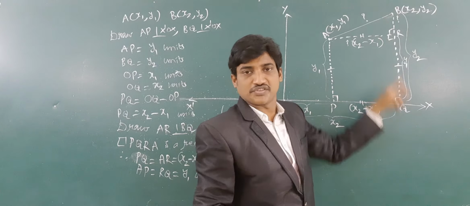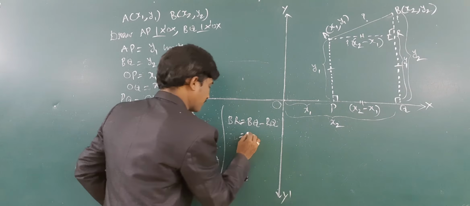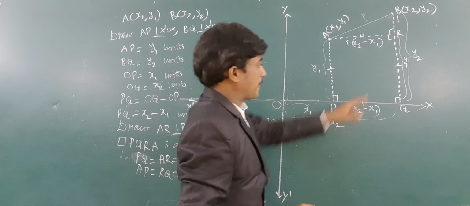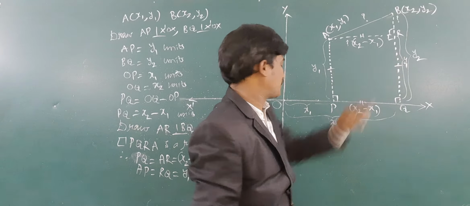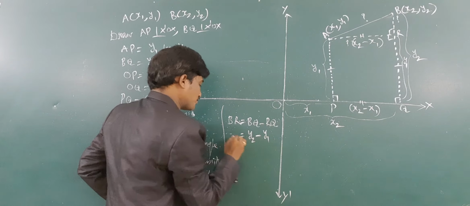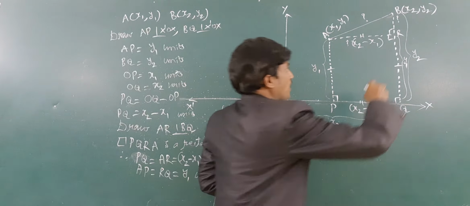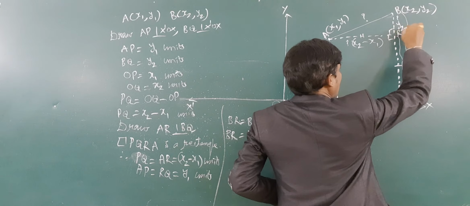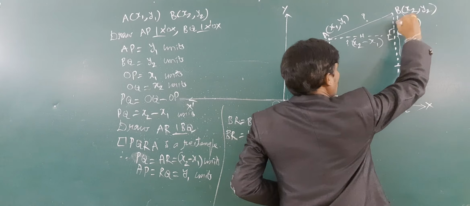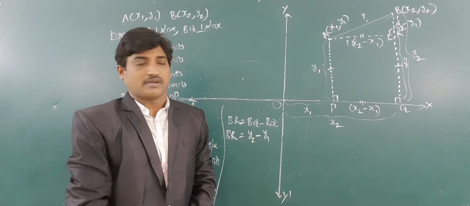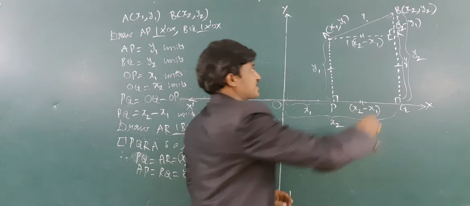Actually, BQ length is y2 units minus RQ length is y1 units. So BR is y2 minus y1 units. Now observe here there is a triangle.